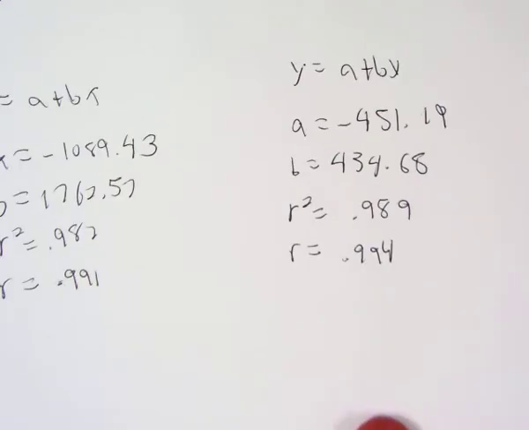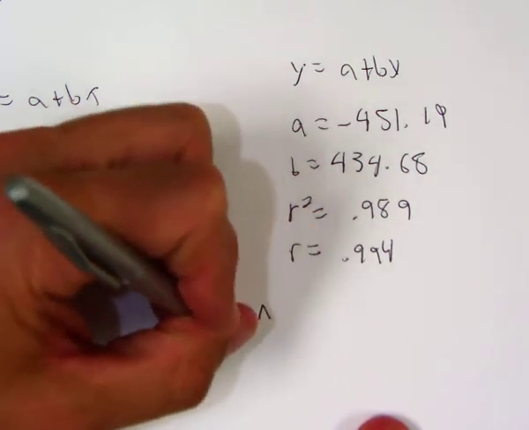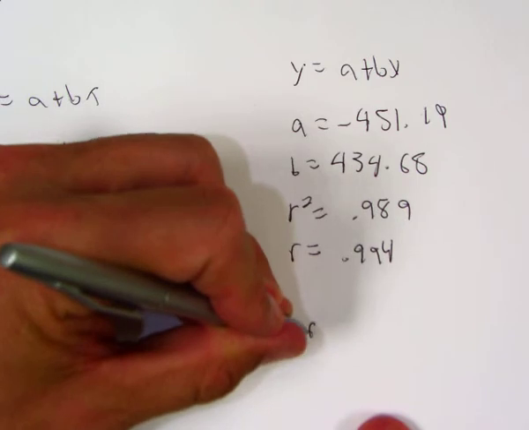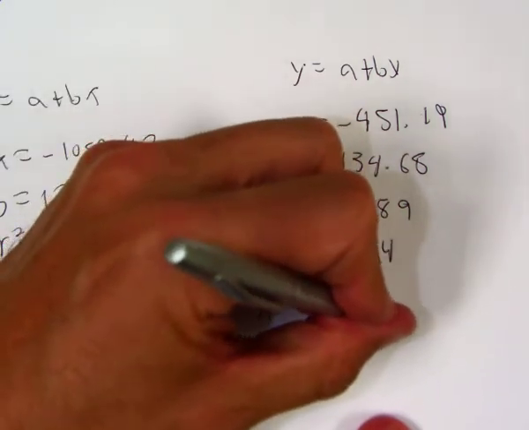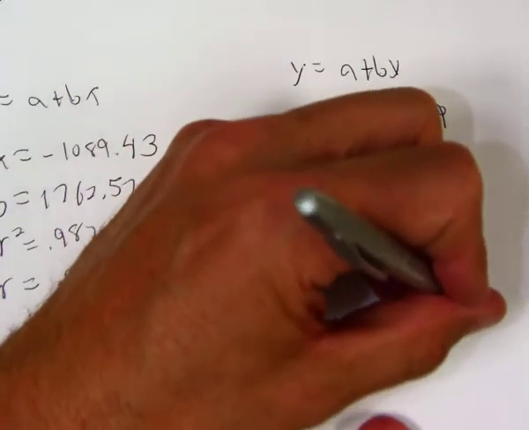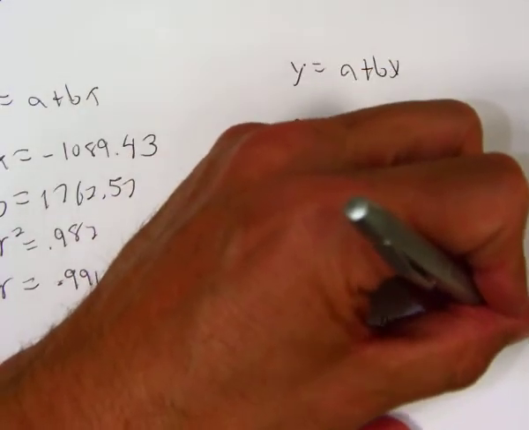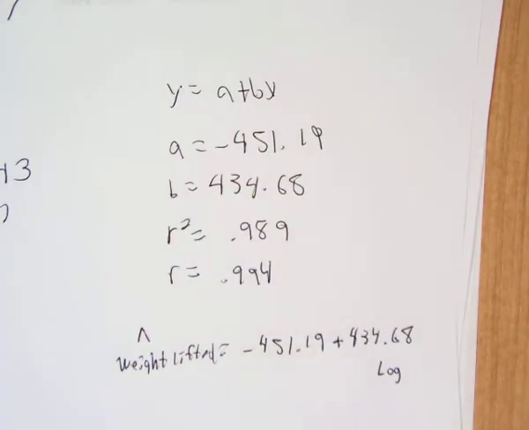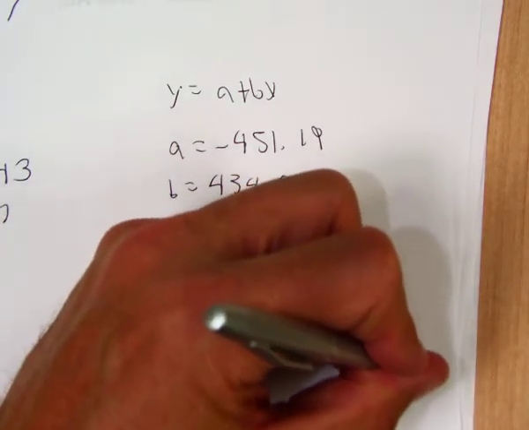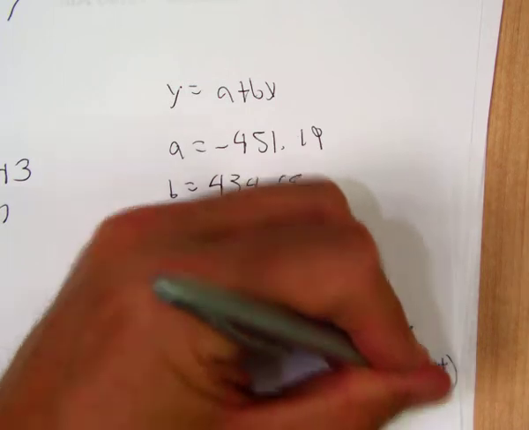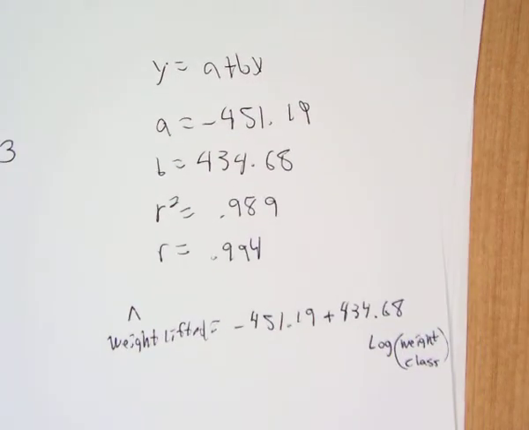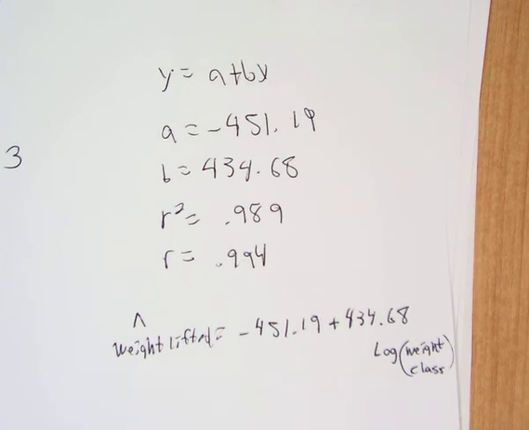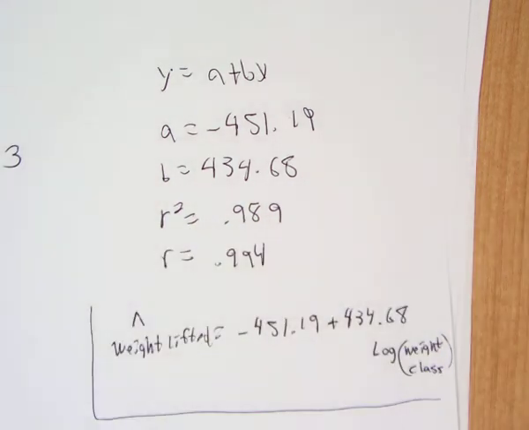Well, what we did is predicted weight lifted equals negative 451.19 plus 434.68 times the log of the weight class. So that's basically what that one came out to. So that right there would be the best model.